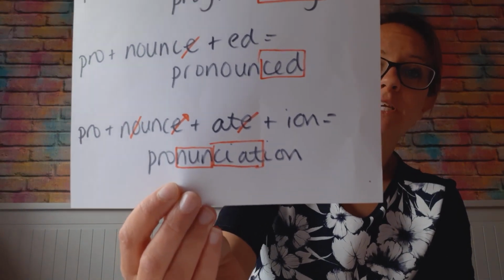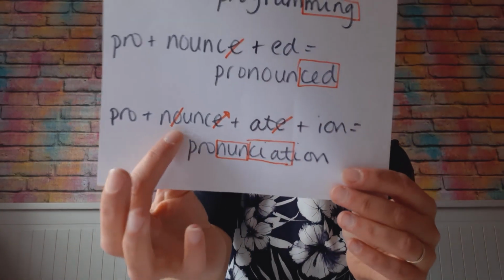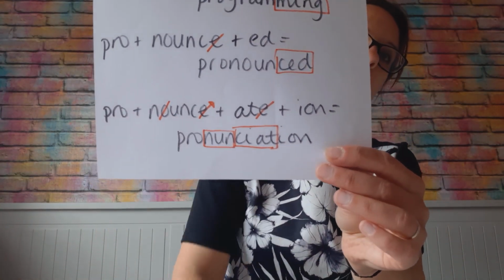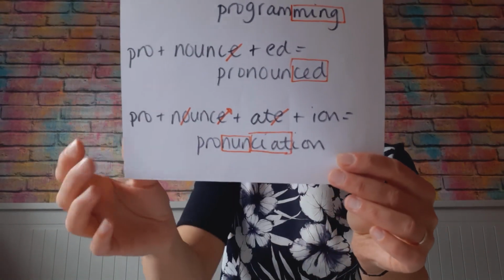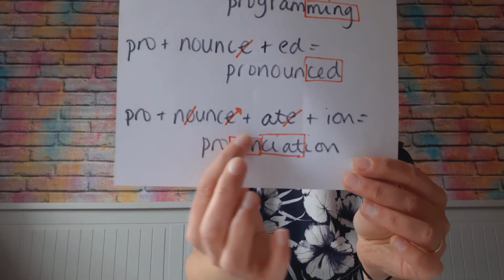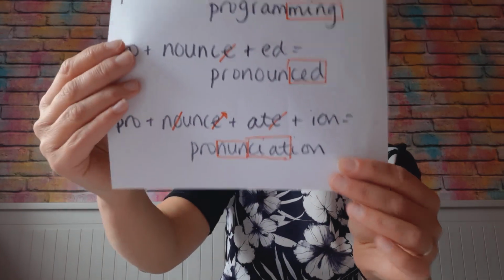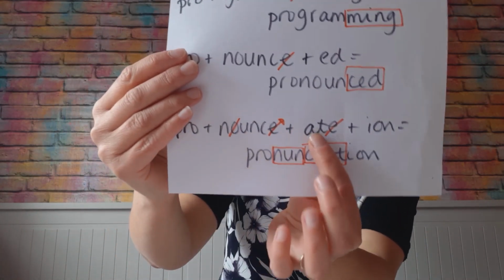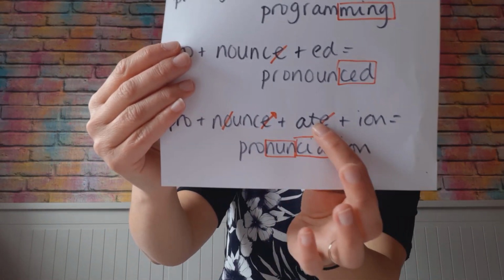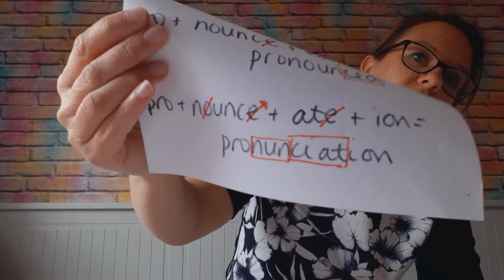It used to be pronounciation. It's really just over time that the ow has become an u in that long word, and that's just to do with ease of speech. So we've got pronunciation. In this case, it's a shun with a TION because it is attached to the verb pronunciate, and then we've got the ION, so that E drops and it becomes pronunciation. Okay, so that's the longest word you could get and the one with the most changing of spelling rules there.